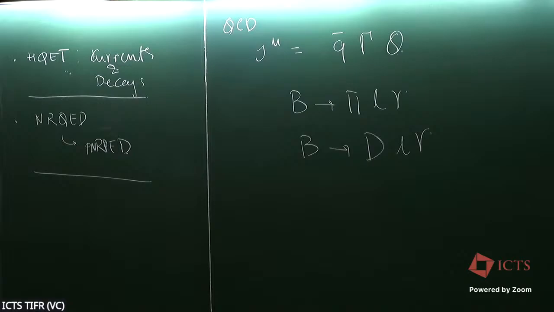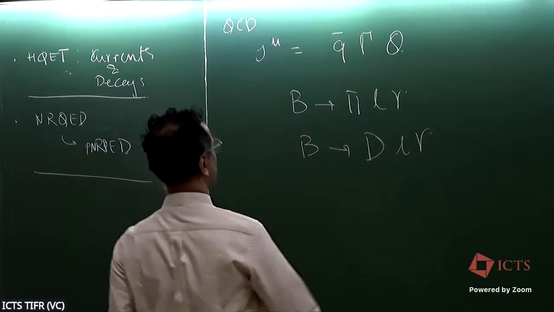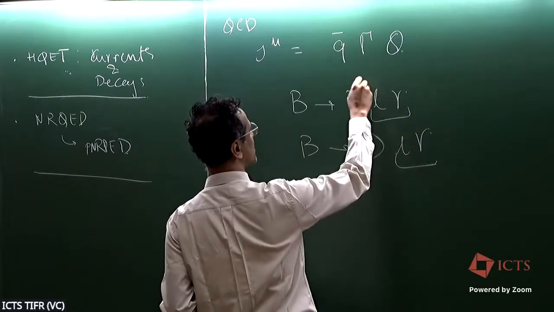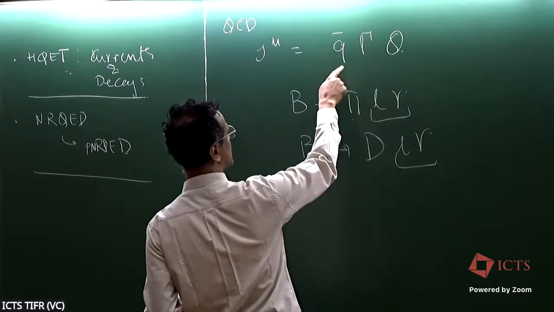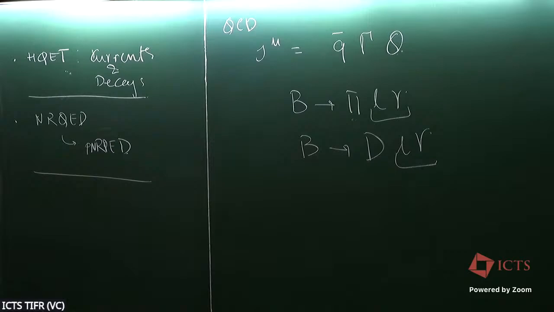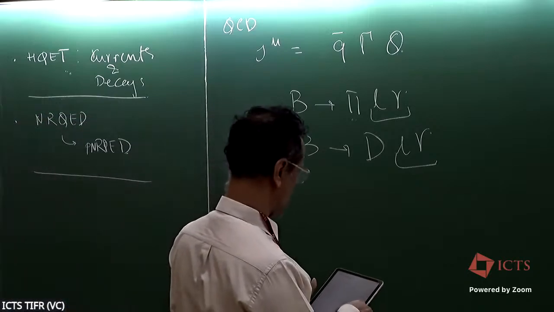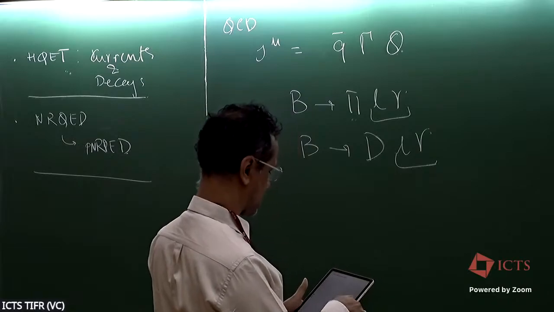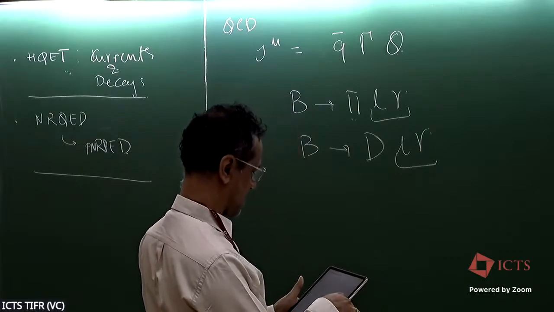So there's the leptonic part, which separates out, factorizes out, and then these currents in the hadronic section give you these decay rates. Okay, so just to make this discussion a little bit more concrete, let's look at a particular kind of vertex.